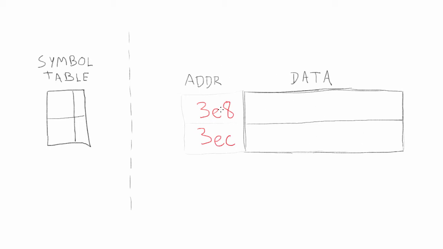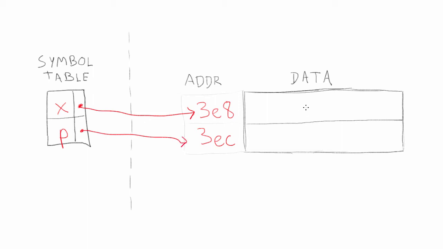And we know at 3E8, we need a symbol table as well because we can't really refer to them by name unless we say, so x is stored at this particular memory address right here. And p is stored at this memory address here.